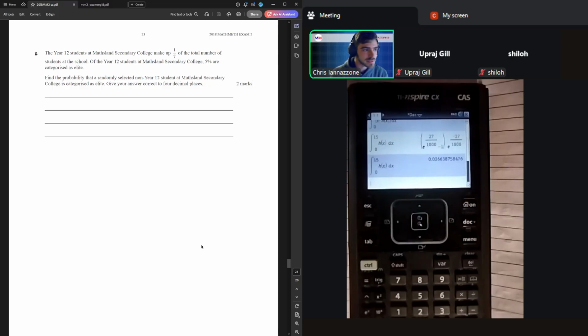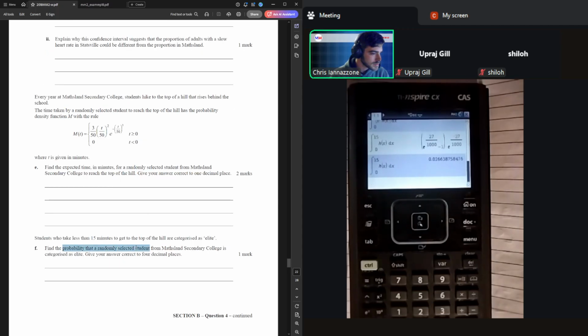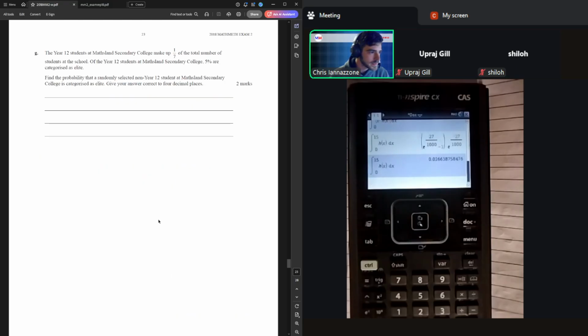Another hint would be that the previous answer is going to matter, because we got the probability of any student being elite. We've calculated that one. This one, we're specifically looking for a non-Year 12.